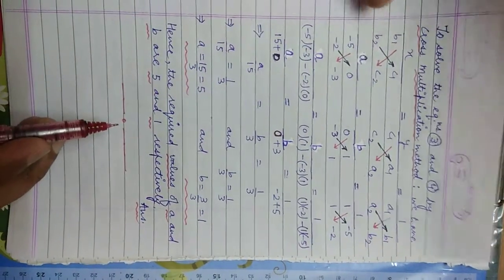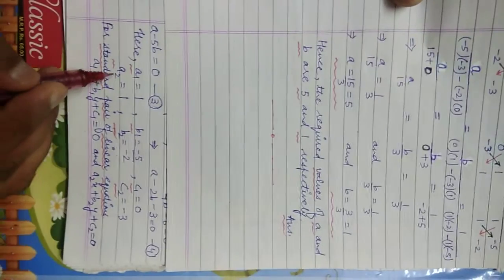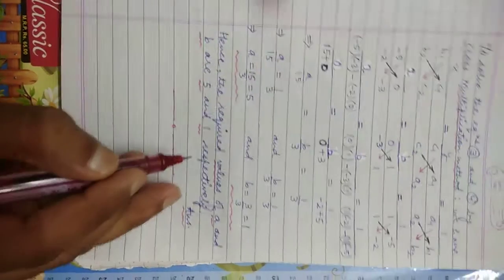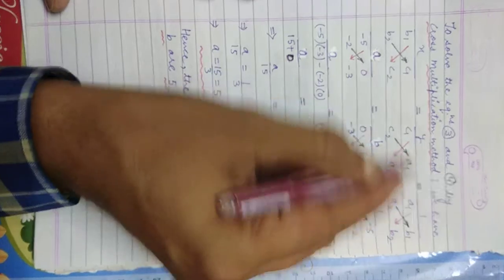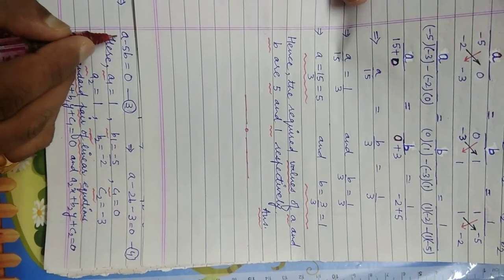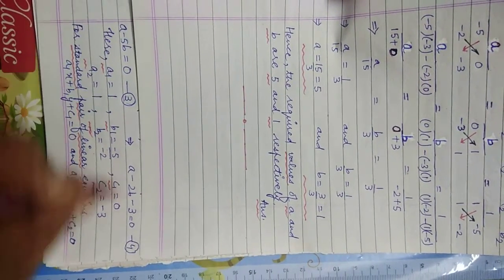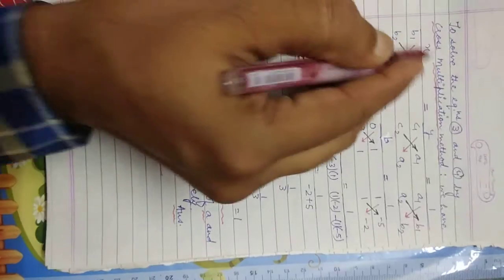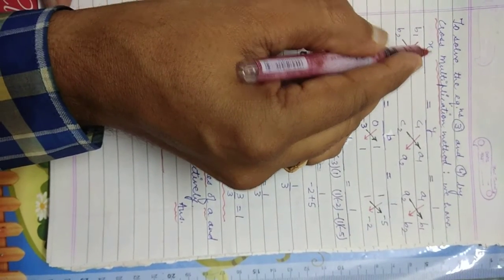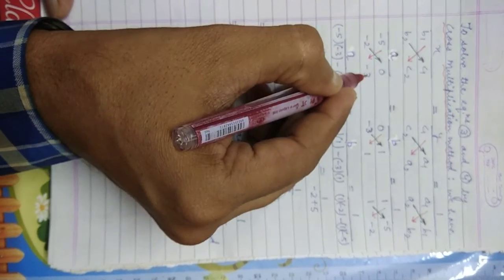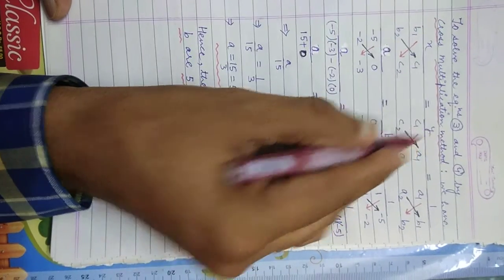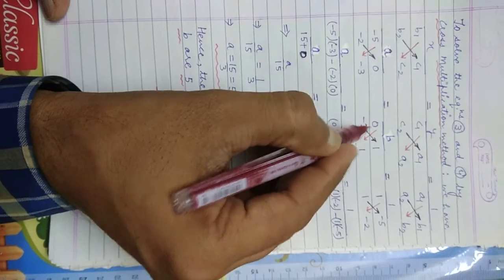Here we substitute the values of a1, a2, b1, b2, c1, c2 in the formula, that is the column of x, column of y and column of constants. We have the variables a and b in equations 3 and 4, so in place of variable x we write a over the values of b1, b2, c1, c2, and in place of y we write b and c1, c2, a1, a2.